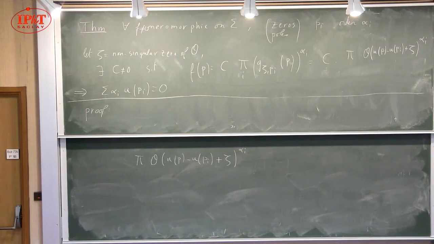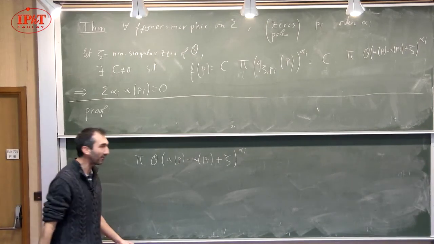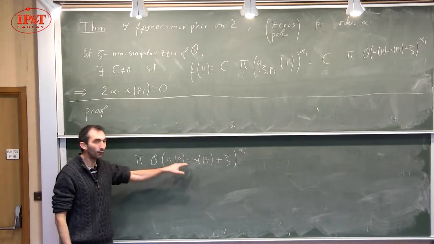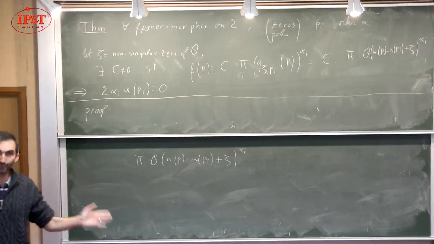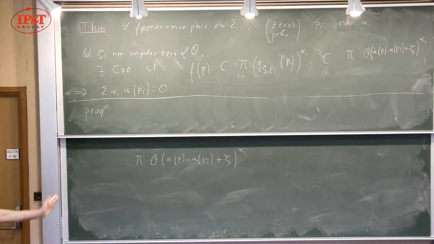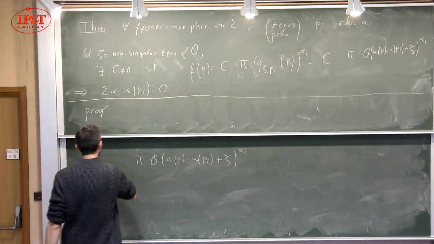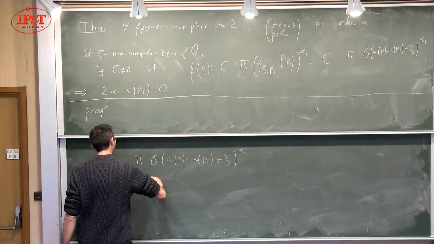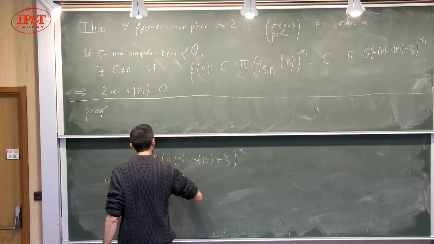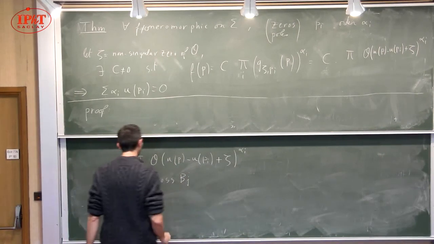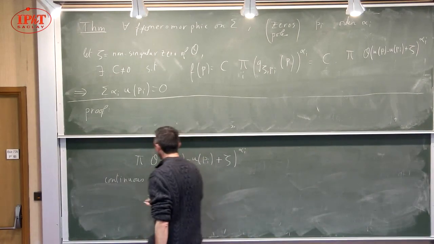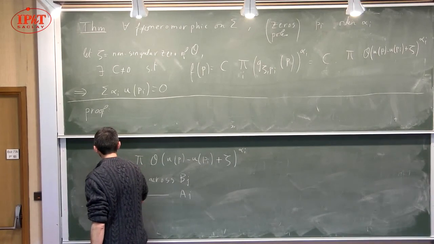Across B cycles it's obviously continuous, because across B cycles you add to u of p an integer, and theta is periodic. So it's continuous across B cycles. But across A_j, it's a priori not continuous.